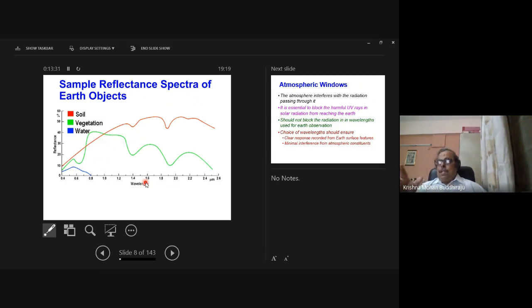You must have seen these patterns in your introductory lectures. The x-axis shows the wavelength, the y-axis shows the amount of reflectance in percentage.